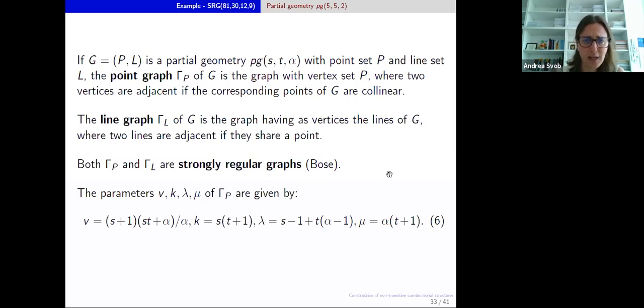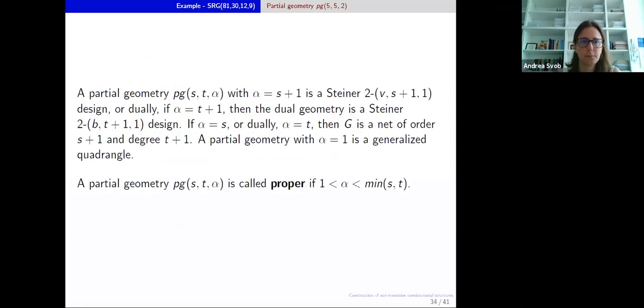The parameters of these strongly regular graphs that are line graphs and point graphs of a partial geometry can be calculated with this formula numbered 6. So if you know PG(S, T, alpha), you can calculate what the parameters of a strongly regular graph could be.